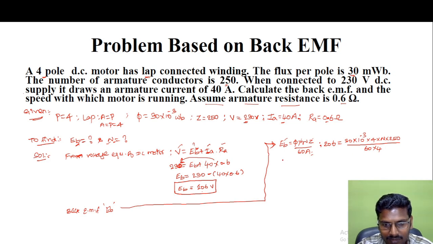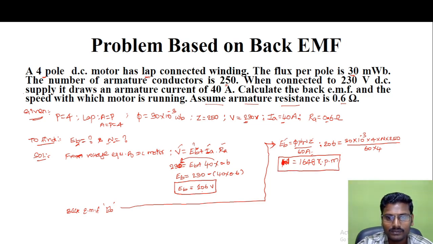When I solve this, I will get N is equal to 1648 RPM, revolutions per minute. This is the value of the speed N, right?